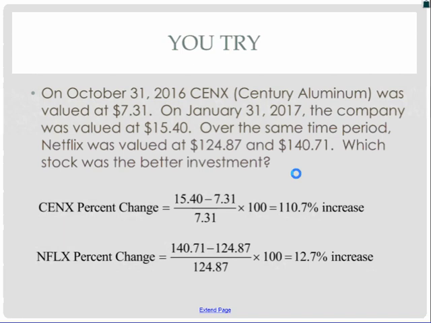Okay, so what you have to think about is what was going on in the world during this time. October 2016. 2016, that's a year that's divisible by 4. That means it's an election year. Okay? And at the time, Hillary was running away in the polls.